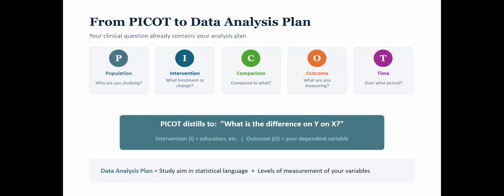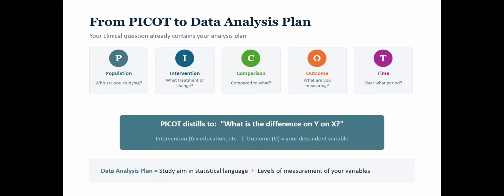At the end of the day, though, I want to know about the outcome variables. To create a data analysis plan, that's to say what specific tests am I going to use to examine this particular aim, I want to know what the variables are and how they are interacting. And as I said, the outcome and the time may be important.